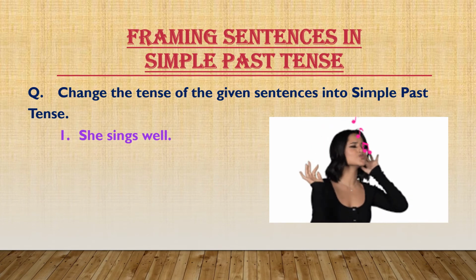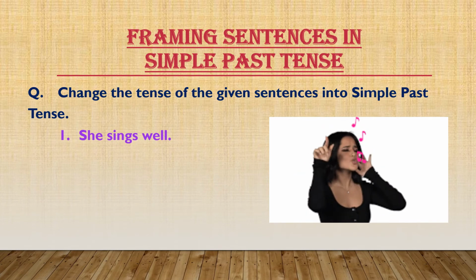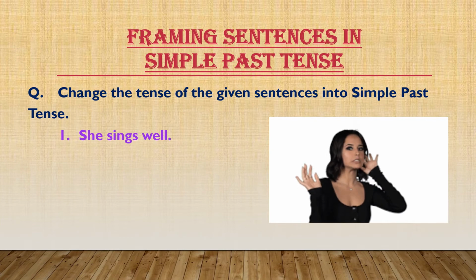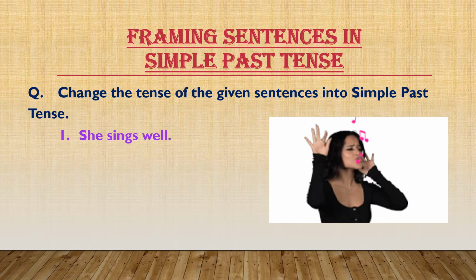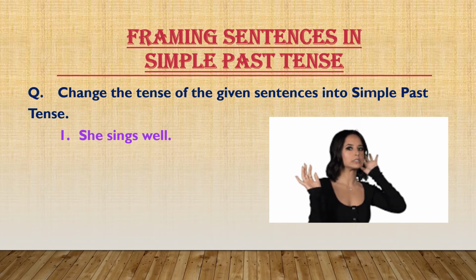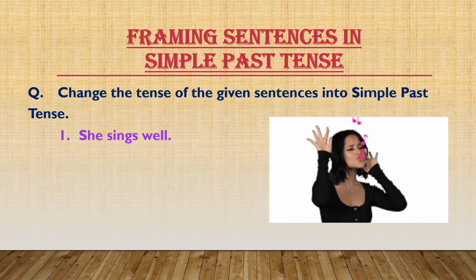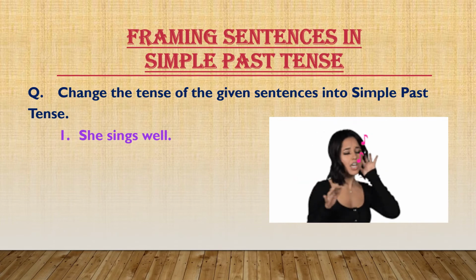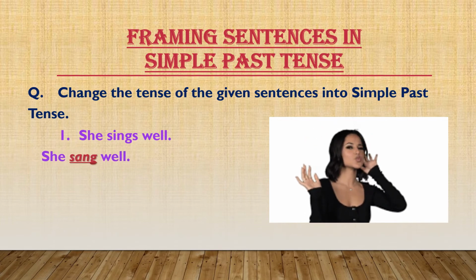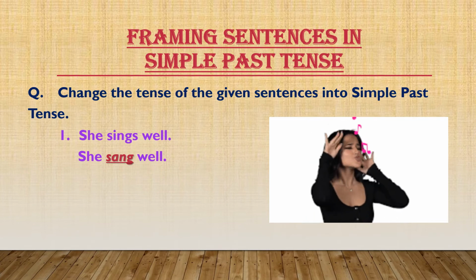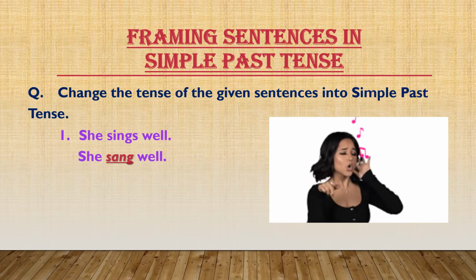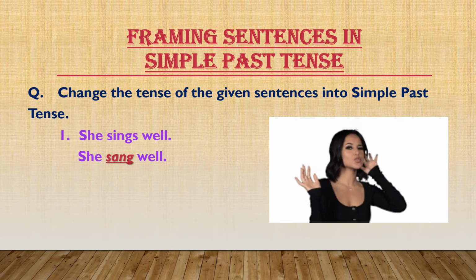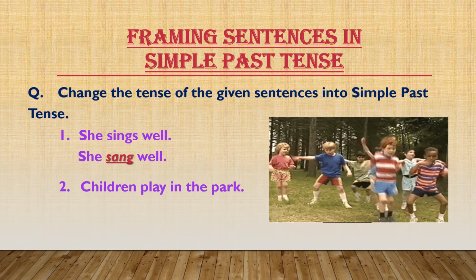Here, the verb over here is sings and the subject is she. So all we need to do, since the sentence is in simple present tense, we just have to change the verb into simple past. So what will come over here? It's simple enough. She sings will change to sang. She sang well.